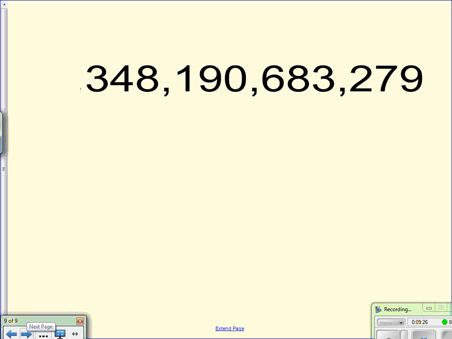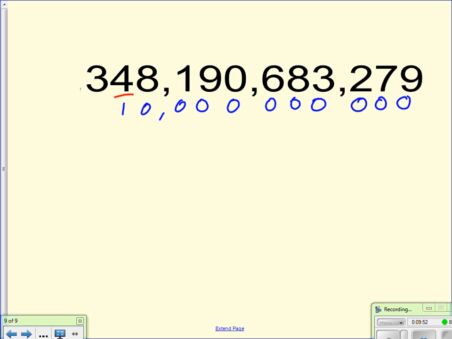So we're getting another number here. Really big. Let's look at this 4 here. What's the place value of the 4? Same thing, if you want to know the place value of it, the easiest way is to take the number, put a 1 underneath of it, fill in with zeros, look at your commas.